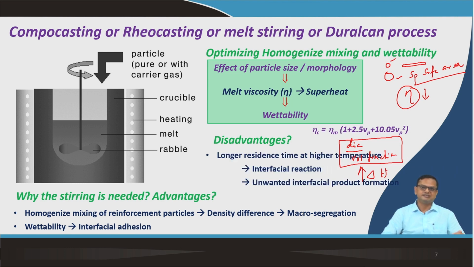It is a high temperature process and you keep the reinforcement for a long time inside the melt. That leads to interfacial reaction in some cases, and there could be unwanted interfacial product formation that has to be avoided somehow. So, that is the basics of compocasting or rheocasting.